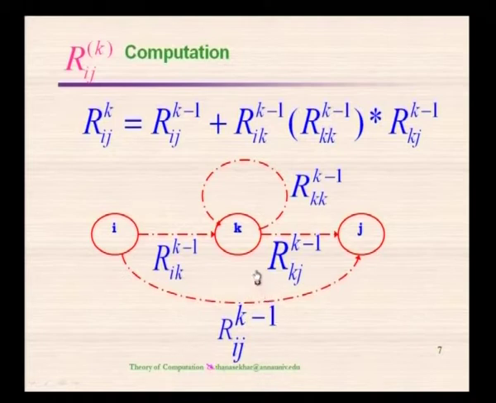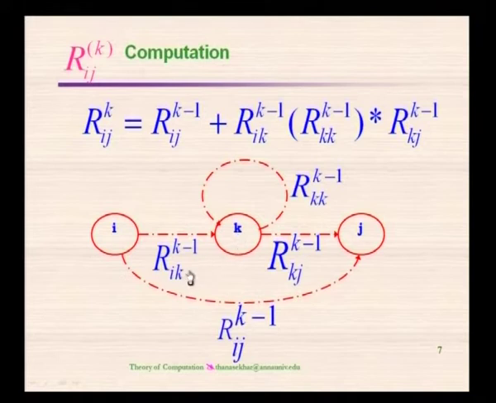The next component of the regular expression is where we introduce k as the intermediate state. If k is introduced as the intermediate state, we have three subcomponents inside the regular expression. One is the pattern described by the start state i to k, but k not as an intermediate state. It means you can't repeat k.